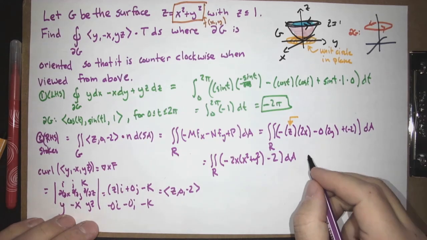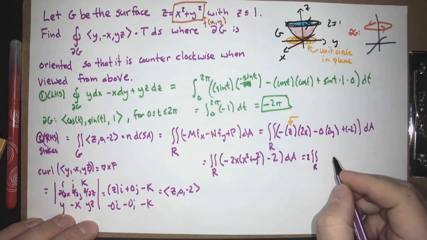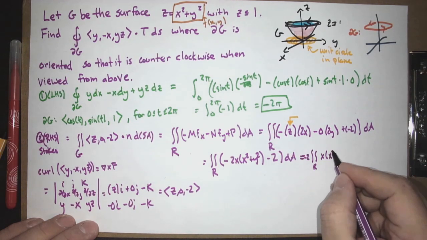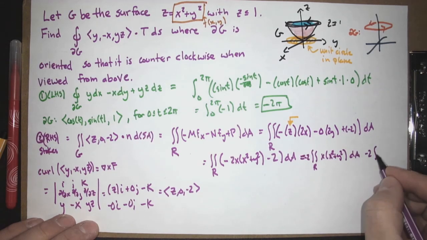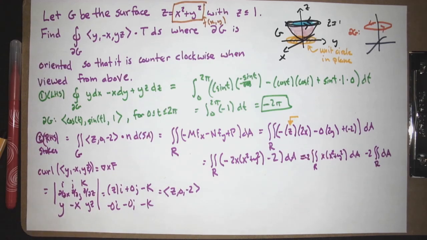Let's split this into two parts. Integral of 2 over our region, minus 2 over our region, x times x squared plus y squared, dA, minus 2 integral over our region, dA. One of these integrals is easy, the other integral is easy. Which one is which?